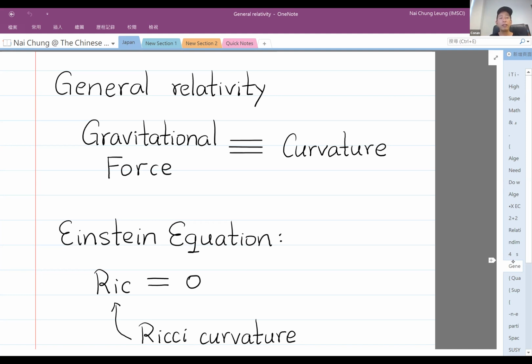Okay, so the physical notion of force and the geometric notion of curvature are really the same. The space becomes curved because of the force, and the curvature is the same as the force.